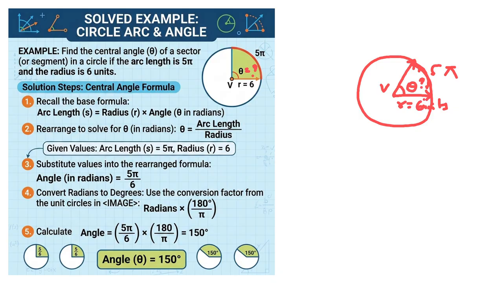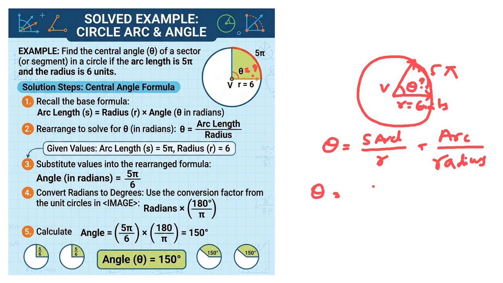This is a double angle formula. We need to apply the formula here. We know that angle theta is equal to arc divided by radius. And there is another formula, any guesses, guys?